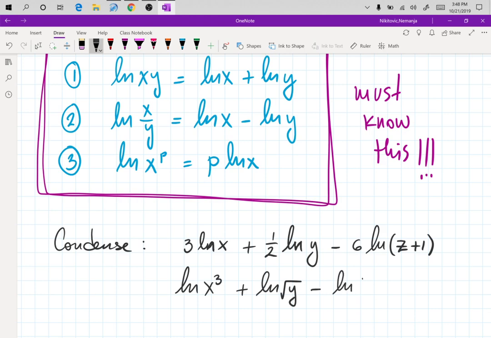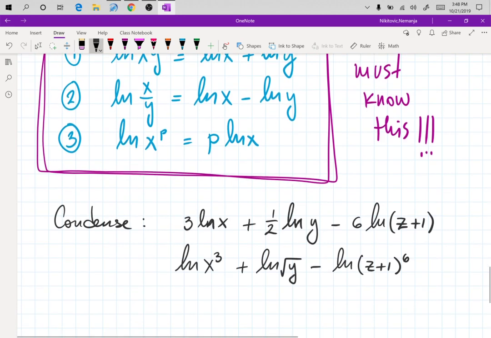Now, you have the 1/2 exponent, and you know that 1/2 exponent is a square root, so you will put the square root of y. So we used rule 3 to get rid of all of those numbers in front. This says condense into a single ln, so you are condensing all of this.